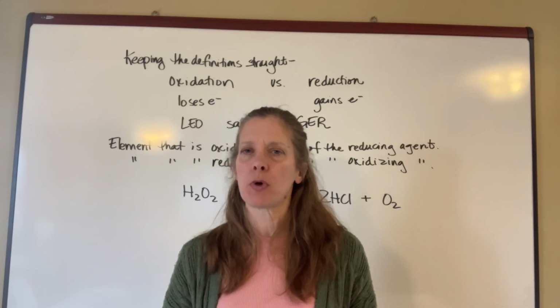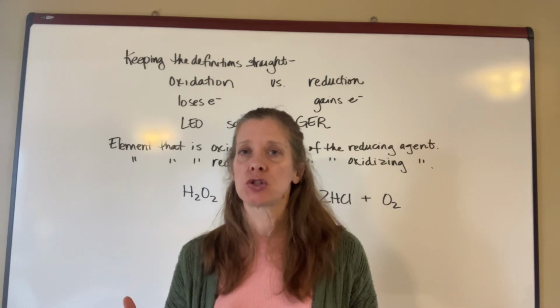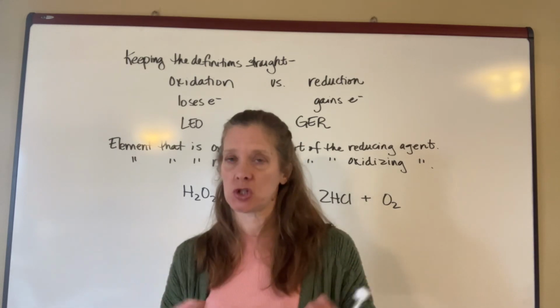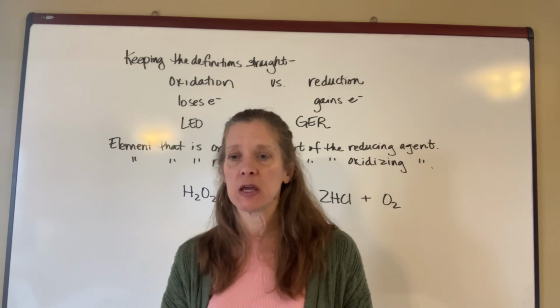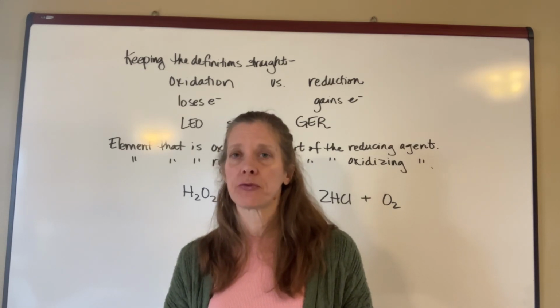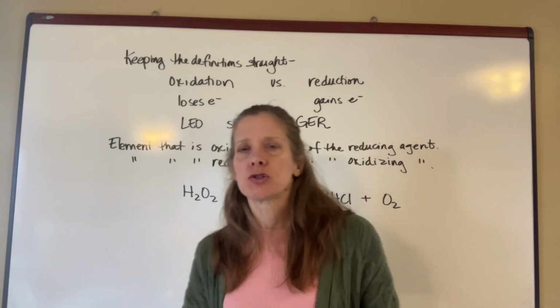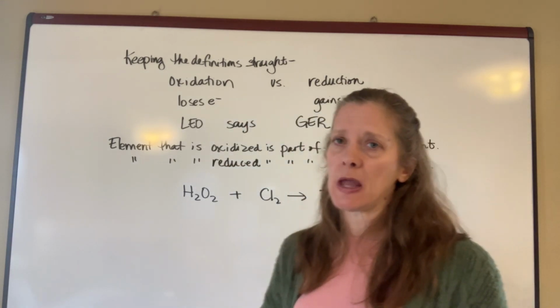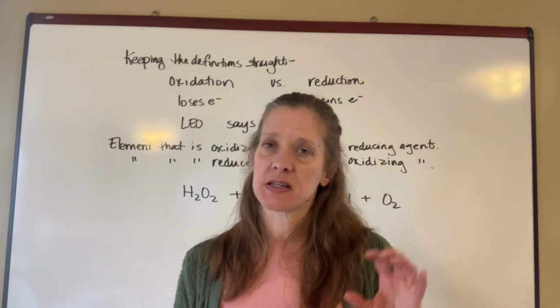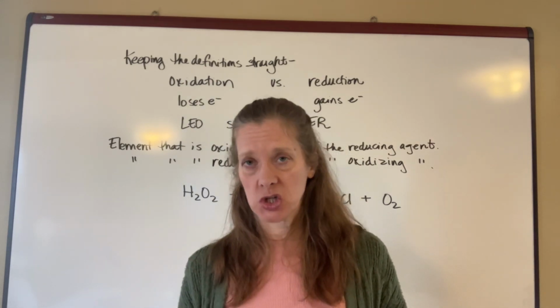So I'll give you a couple of memory tips for trying to remember which one of these is which and which ones are associated with what in order to help you keep it straight. Okay, and then I'll do an example to kind of flesh all that out for you. So in an oxidation reduction reaction, or in any type of electrochemical reaction, you have to have both oxidation and reduction take place.